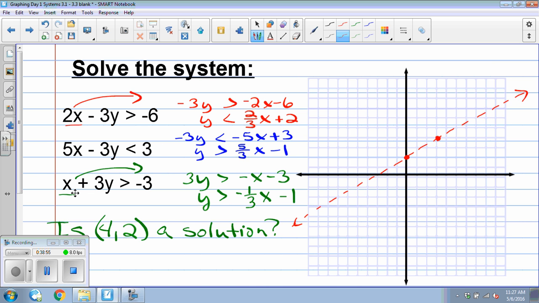The next one crosses at negative 1, and it goes up 5 and over 3. And it's a dotted line. The next one again crosses at negative 1, and it goes down 1 and to the right 3, or up 1 and to the left 3.